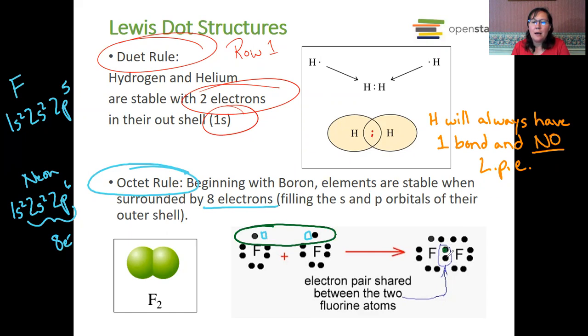Now, this model shows the dots between them, but more commonly, we would draw fluorine gas like this. 1 bond means 2 electrons. And sometimes people will leave the dots in between, and I actually really don't like that. I very much prefer that the dots in between be a bond, because it's very important to identify the difference between your lone pair electrons and your bonded electrons.